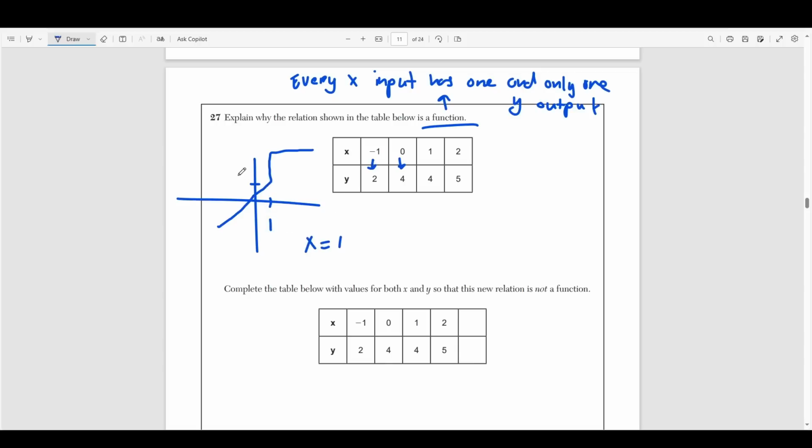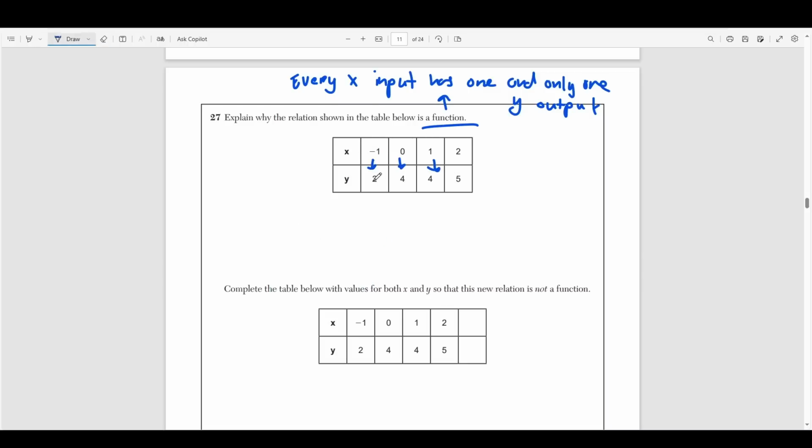When x is equal to 1, the graph is equal to 2. Let's say this is 3, this is 4, this is 5, right? So when x is equal to 1, you'll have the y output of 2, 3, 4, and 5, which makes it not a function. In this case, every single x value or input maps onto only one y output.